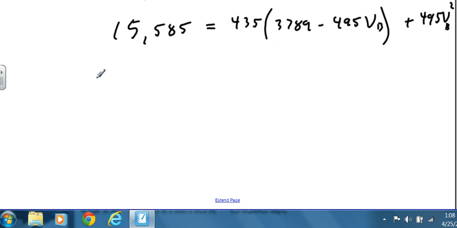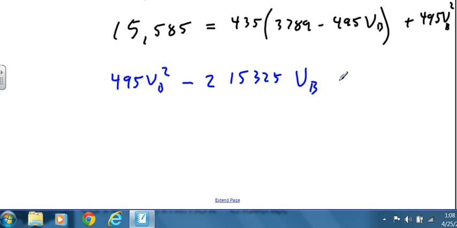Alright, so I'm going to rewrite that guy as 495 VB squared minus 435 times 495, 15325 VB, and then plus, and when I get done it's going to be equal to 0.